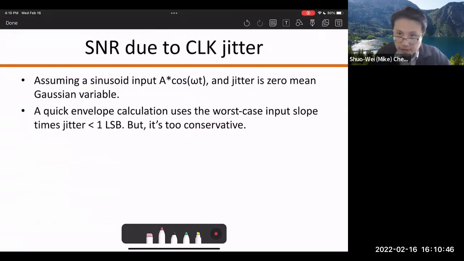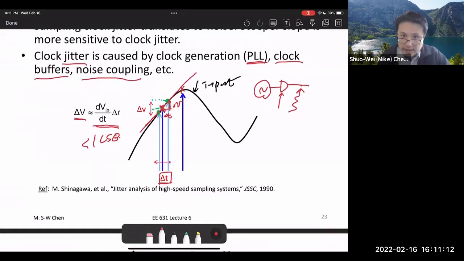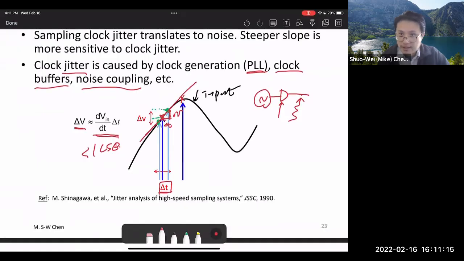So as I mentioned before, one way to find the specification on the clock jitter is to look at the worst case input slope and make sure the induced error is less than 1 LSB. So in the case in the previous slide, where can the worst case jitter induce the voltage error?